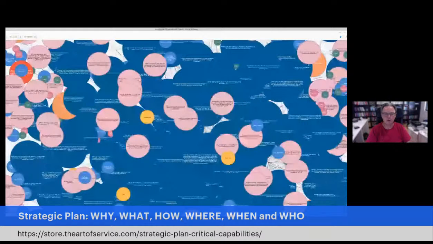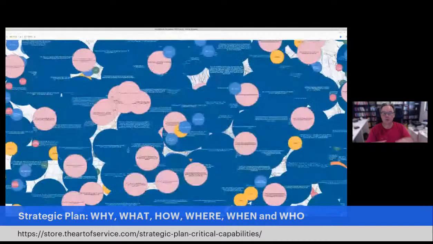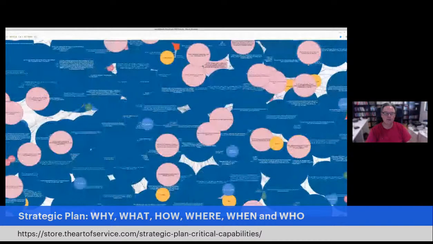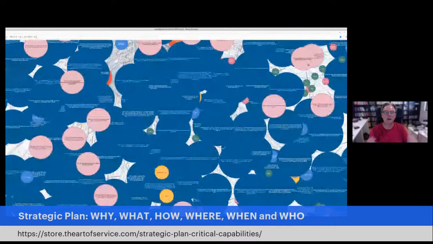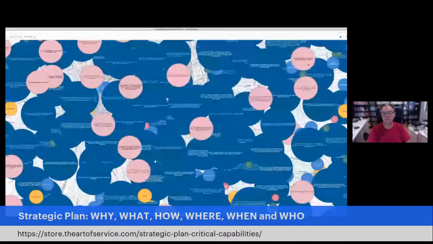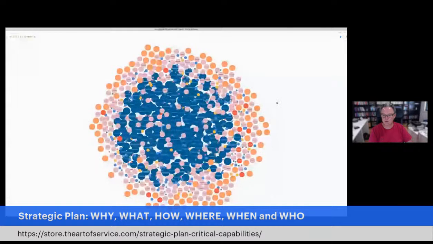That's open source software. I've just imported the data that you can purchase on the link down below. And out it comes with all these relationships because it's built in what we've done in the data. So with this, let me zoom out to the big hairball. So we're leaving you with the strategic planning hairball on the screen. So this is all we need to focus on when we're doing strategic planning.